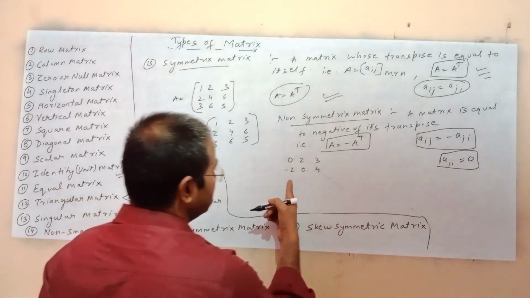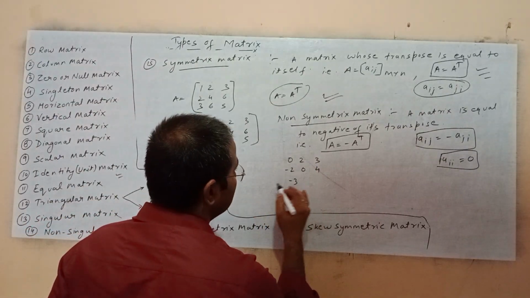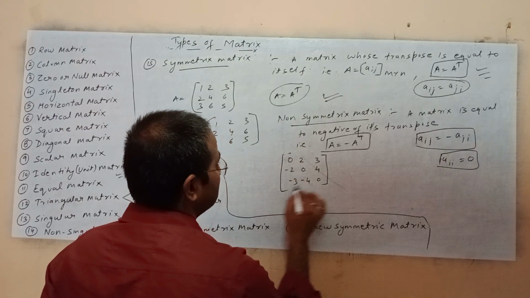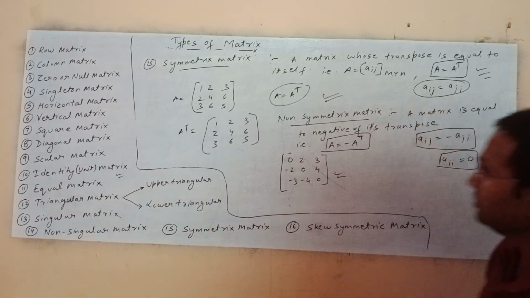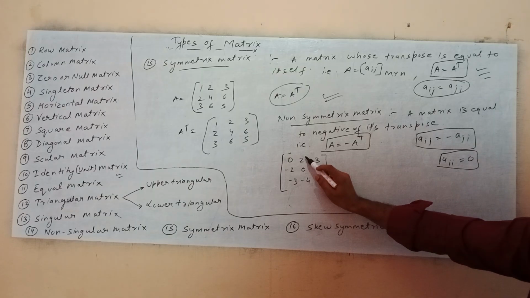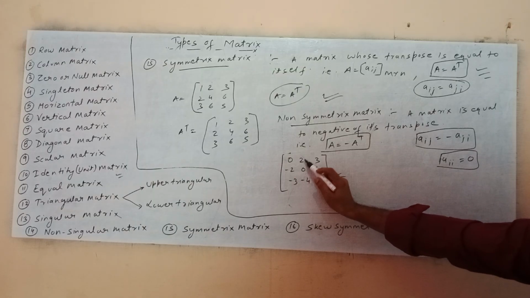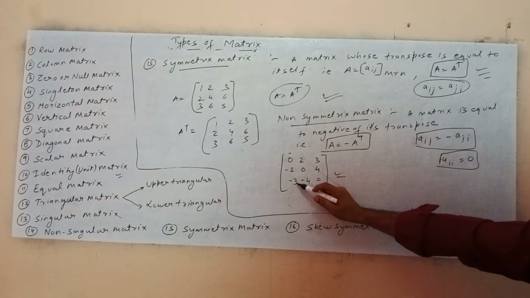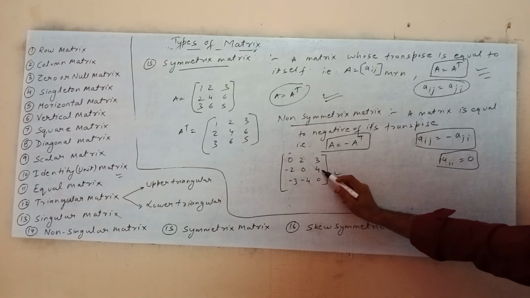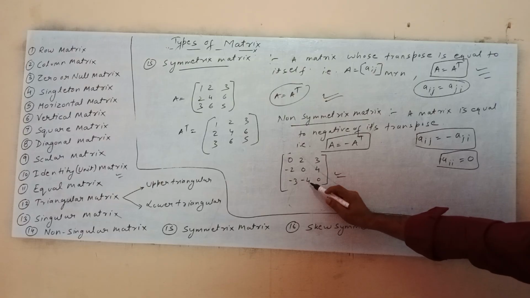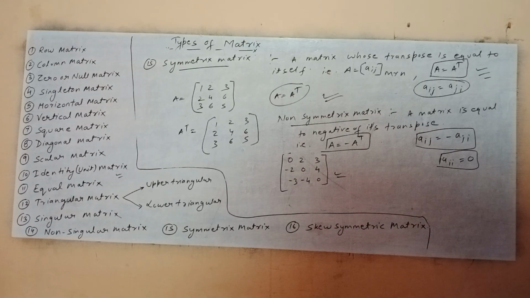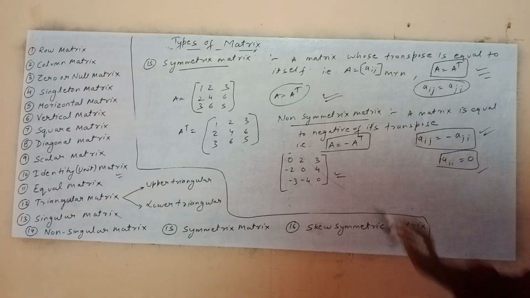This is A31, so minus 3 will come here, and here minus 4 will come. Here 0 will be there. So this is A12 and this is A21, so we are taking negative of both of them. This is A13 and this is A31, this is A23 and this is A32, so both are opposite to each other, satisfying this relation. And Aii: in the main diagonal, all elements will be 0.